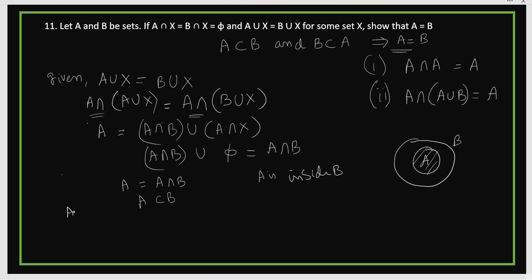A union X equals B union X. So we'll add B intersection this time.